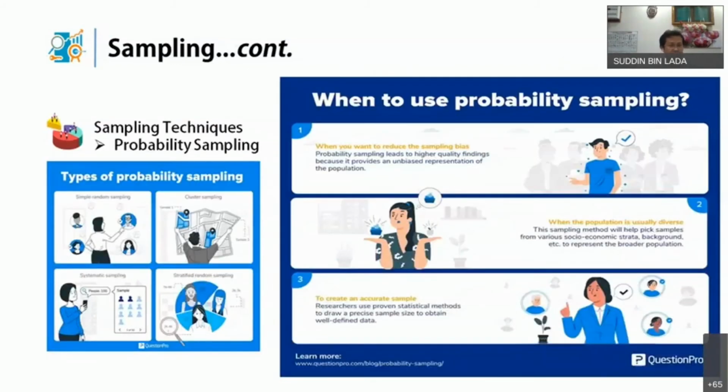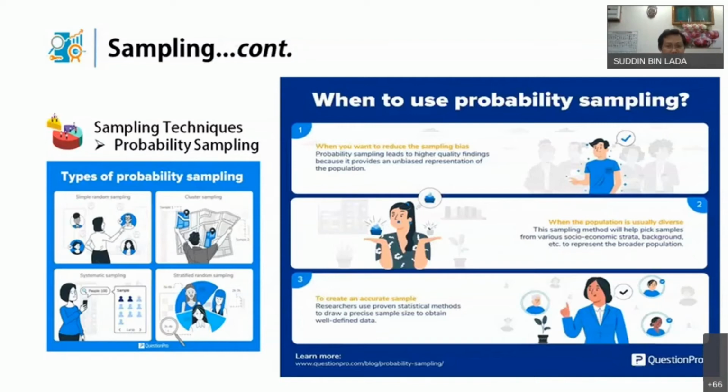The important question is when to use probability sampling. We know that there is cluster sampling, systematic sampling, stratified, or simple random sampling, right? So when to use? Number 1, when you want to reduce sampling bias. This is very technical and systematic. By using probability sampling, it helps us reduce sampling bias.